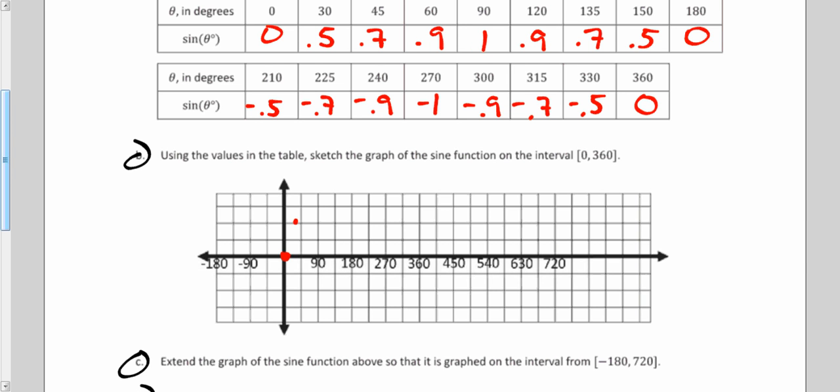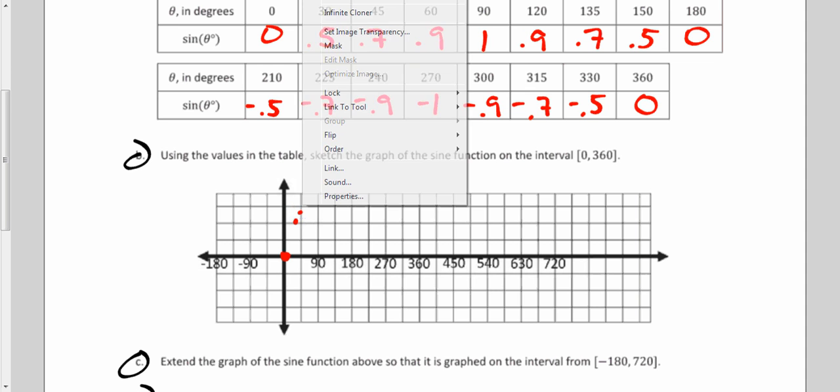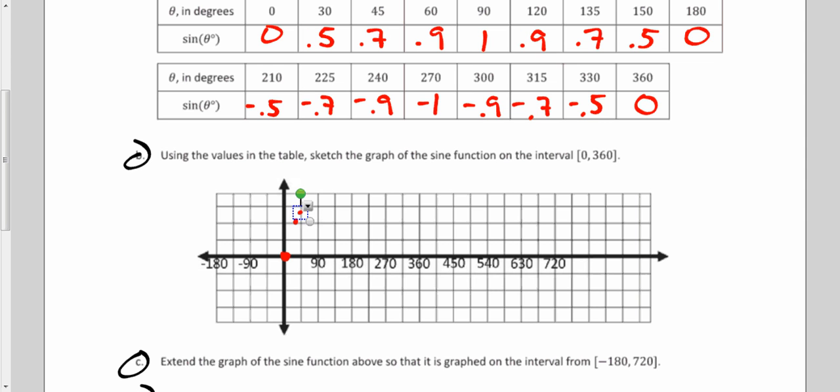When theta is 45, right here, right? Then I'm at 0.7, which is a little bit higher. Ooh, a little bit higher than that even. Let's just do that, and then do that. And then, at 60 degrees is at 0.9.